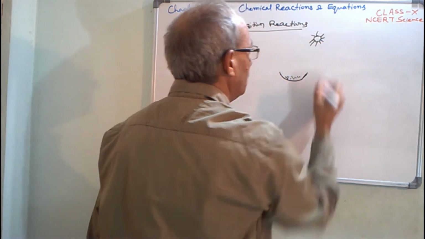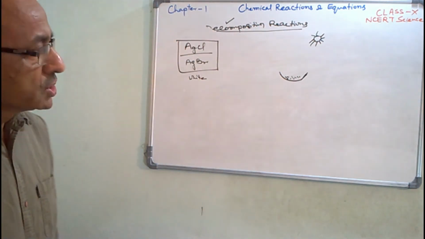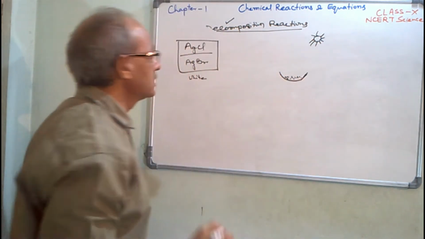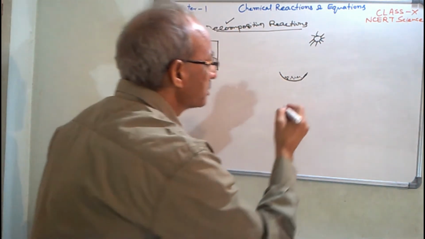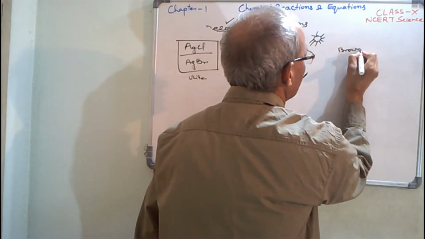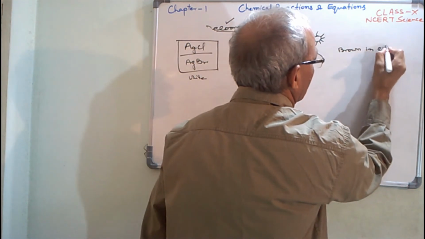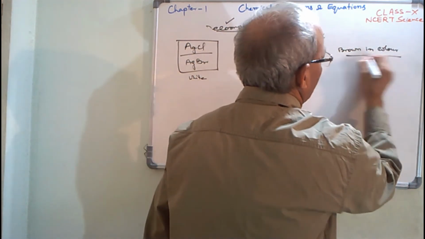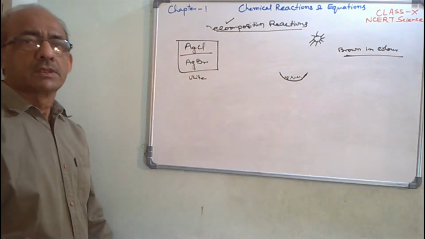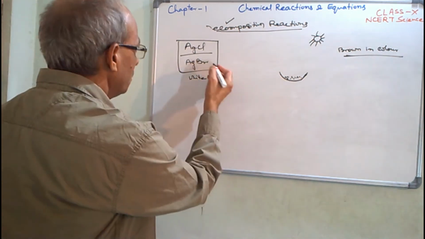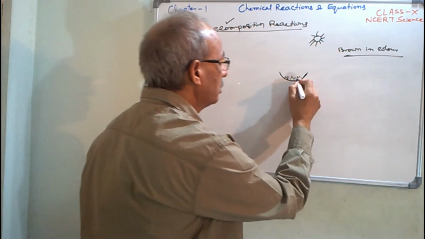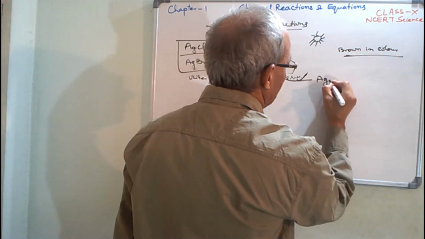After some time, you will observe the change of color there. This powdery substance becomes brown in color, due to decomposition of silver chloride or silver bromide, whatever you have taken there. Suppose here you have taken silver chloride.